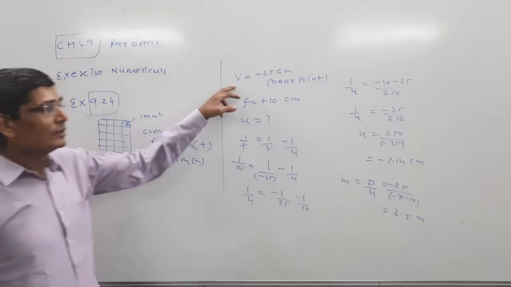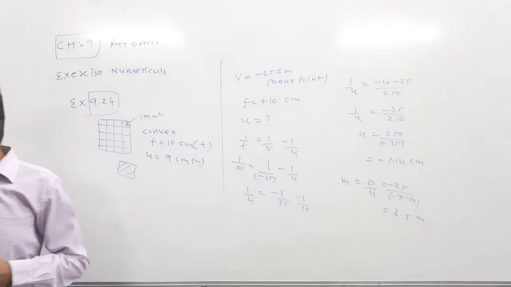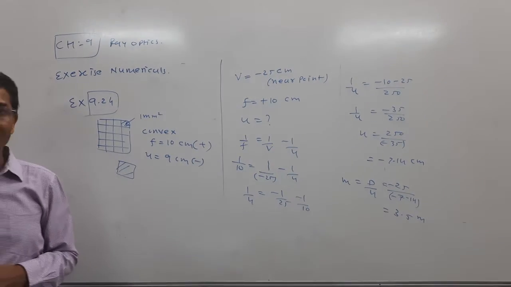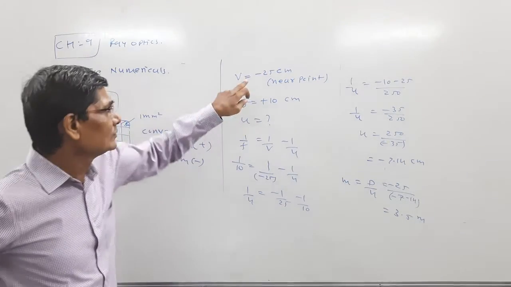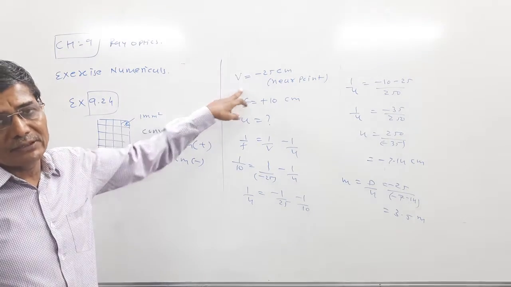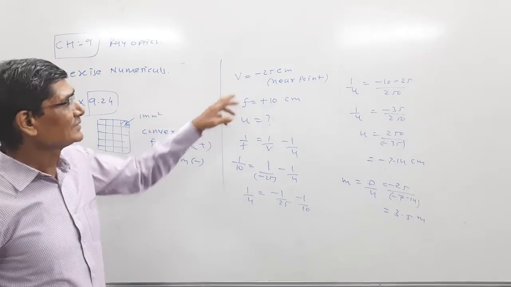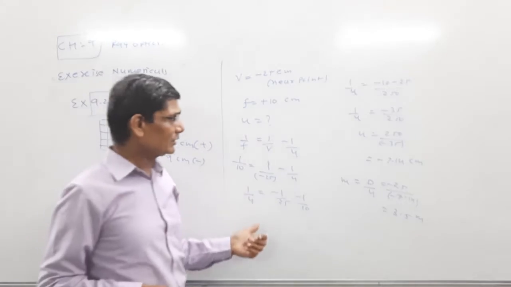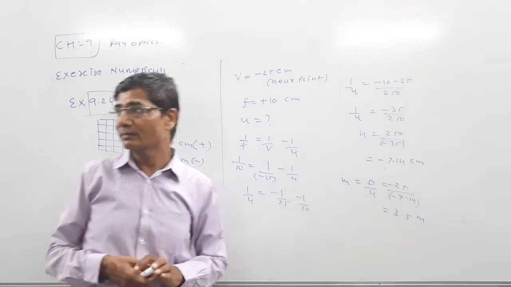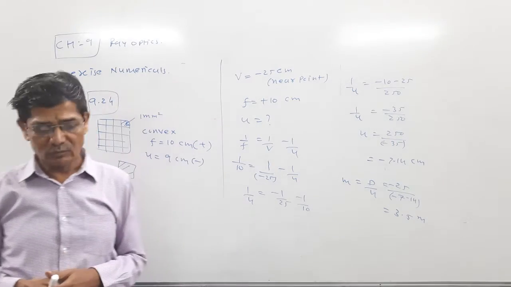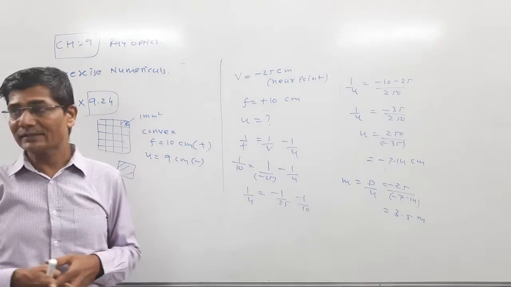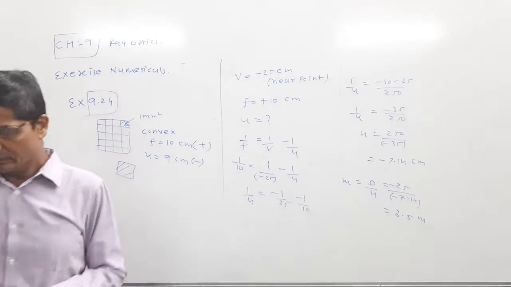Here we place the object in such a way that we get the maximum magnification. The focal length is 10 centimeter, and for maximum magnification the image should be formed at the near point, that is 25 centimeter. By using this, we have obtained the value of the object distance and the magnification value. So this is about exercise number 9.24.